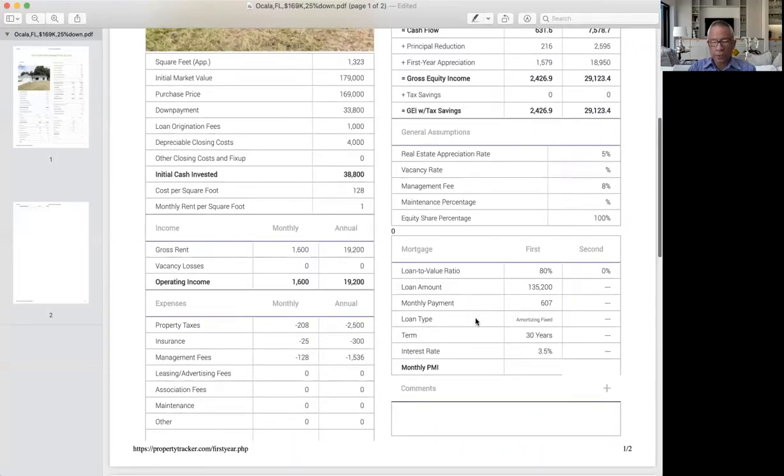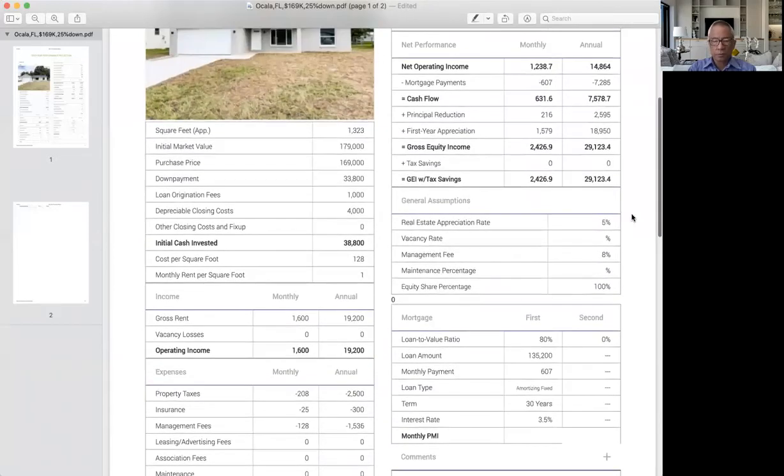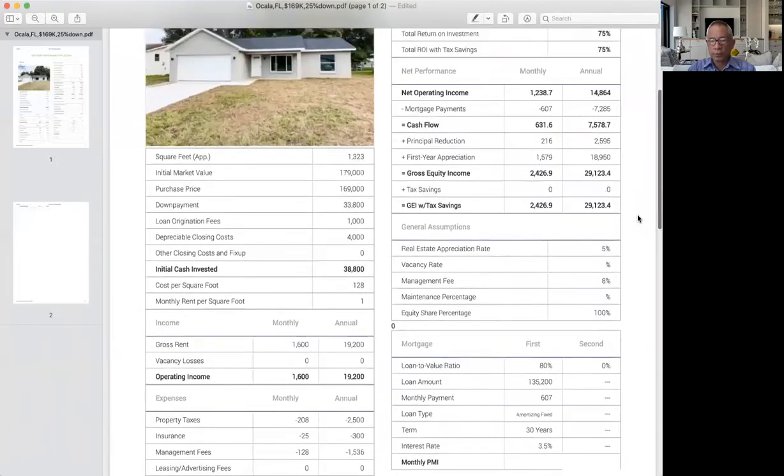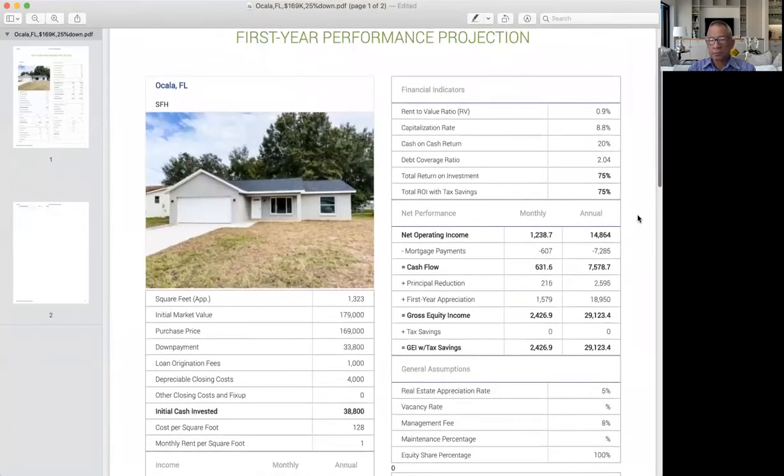You do not include the mortgage. The net of the annual income divided by the purchase price equals the capitalization rate, which is 8.8%, extremely attractive, especially on a new build type of product.